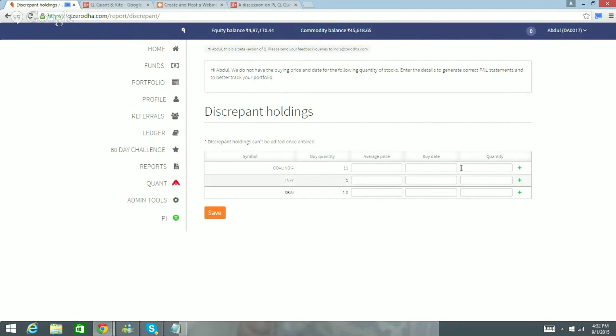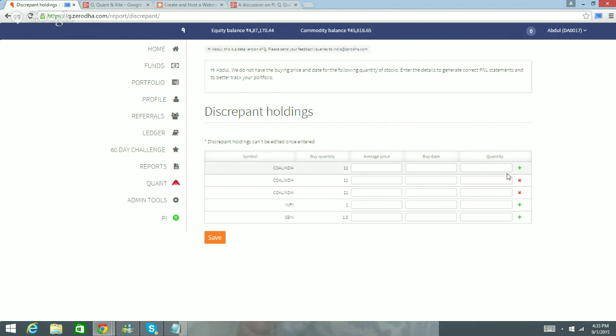This date and the quantity are required for us to calculate the holding period in the holdings page, right? So if Hanan had bought Coal India 10 shares at X price on an X date, another 1 share at some other date, I need to know which of this is short-term capital gain and which comes under long-term, right?